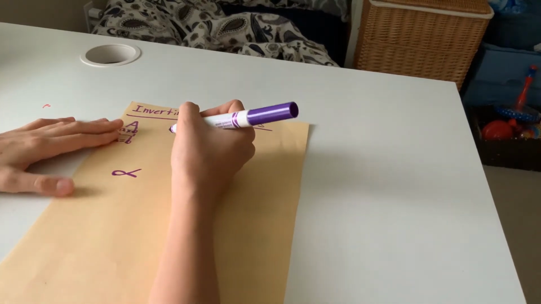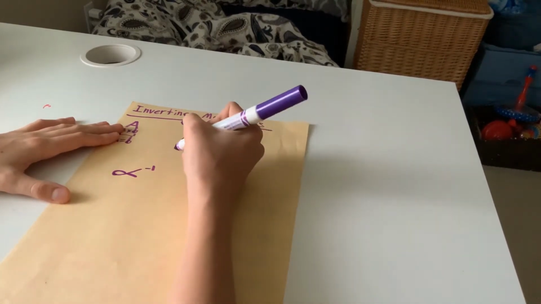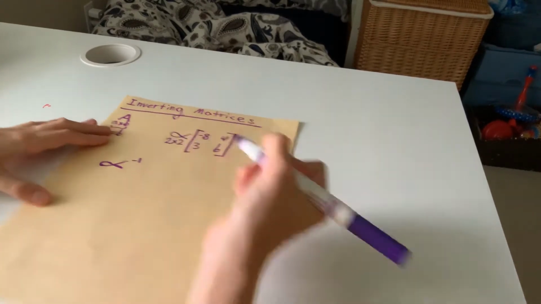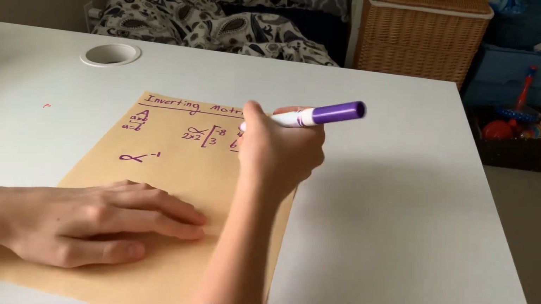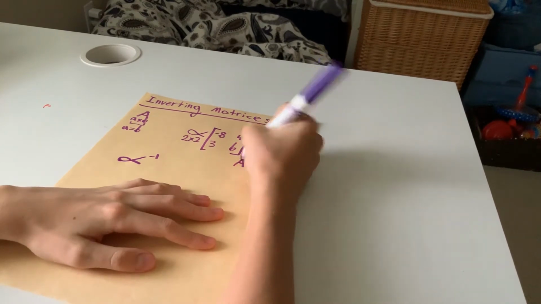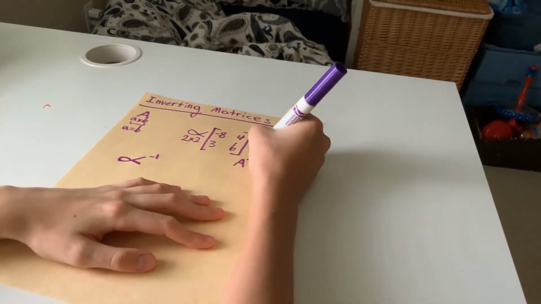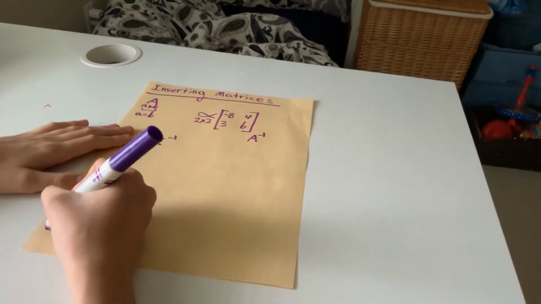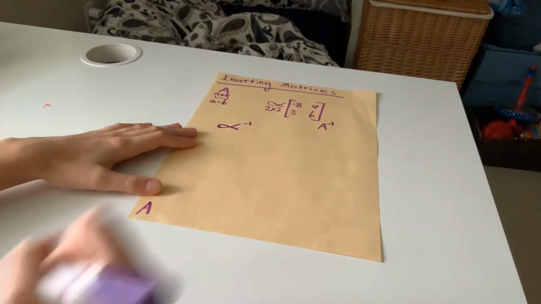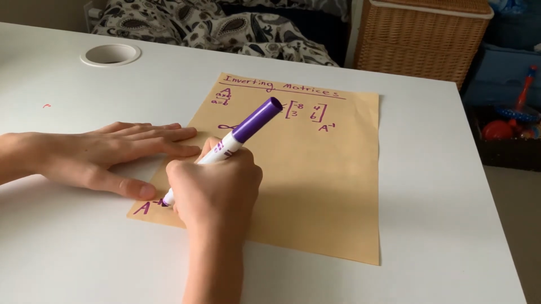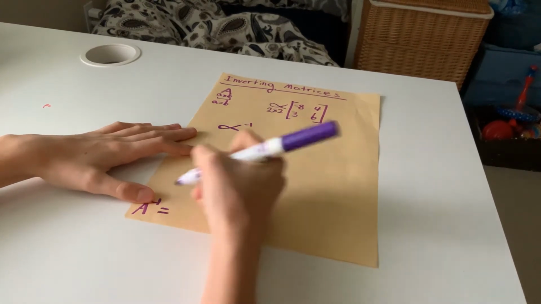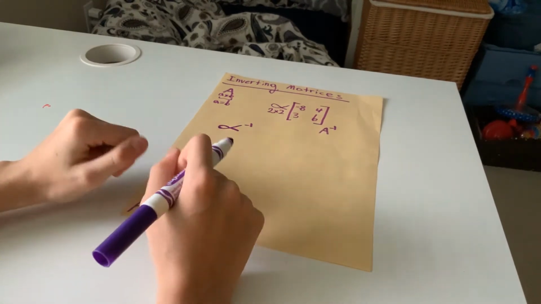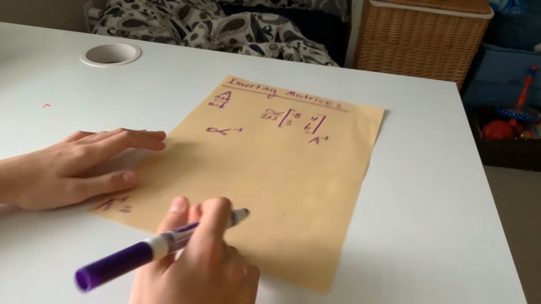So what if we want to find the inverse of this matrix? Well, let's make a broad definition of this. Let's pretend that a matrix A can equal any matrix. The inverse of any matrix A only applies to square matrices.